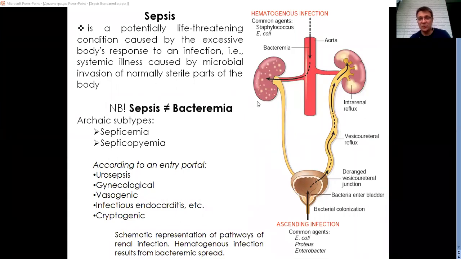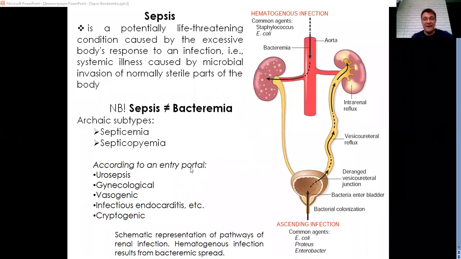We see the so-called apostematous pyelonephritis, which is basically associated with the hematogenous dissemination of different infective agents like staphylococci, E. coli, etc. So in septicopyemia, we see the formation of small abscesses in many organs.